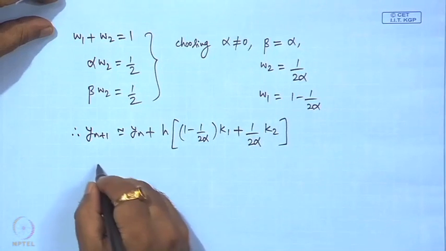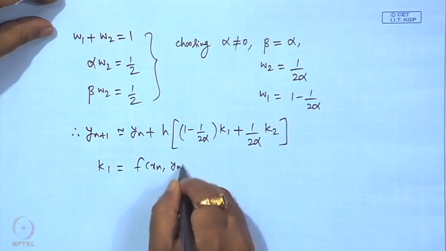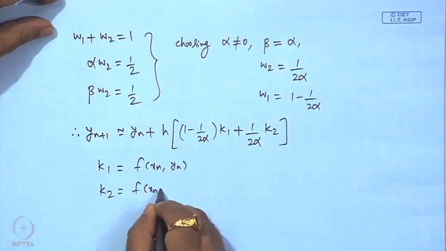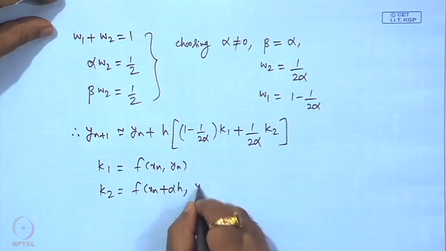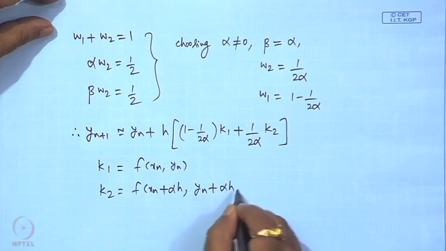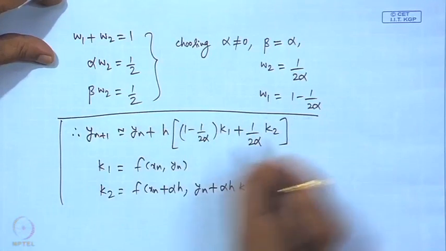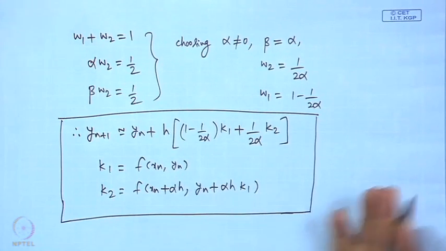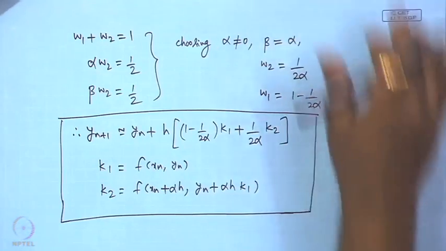So, this is our approximation where k 1 is given by f of x n, y n, and k 2 is f of x n plus alpha h, y n plus alpha h k 1. So, this is our Runge-Kutta method. Still alpha is arbitrary, right.